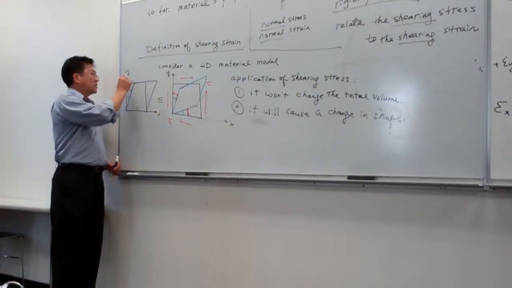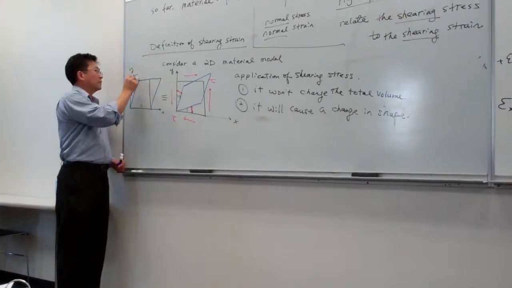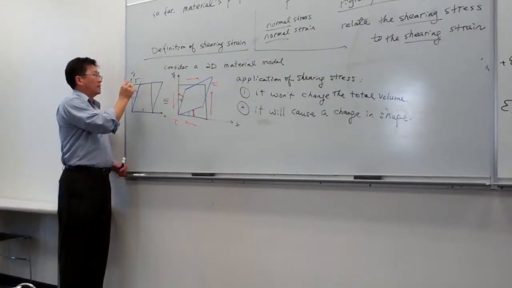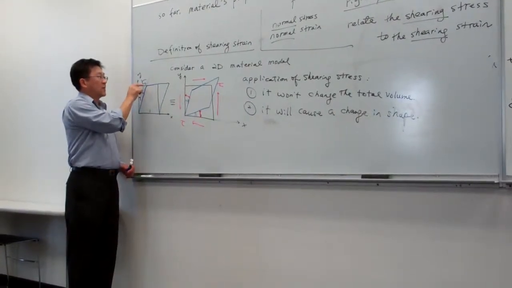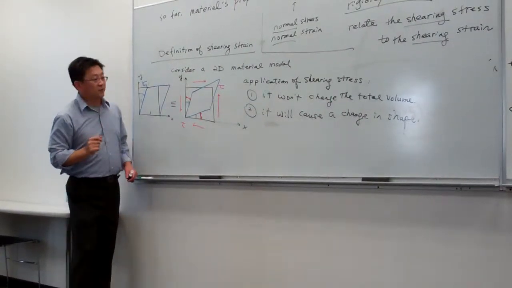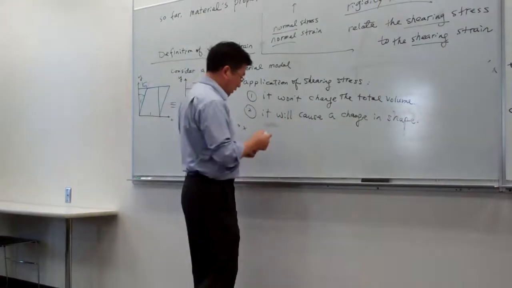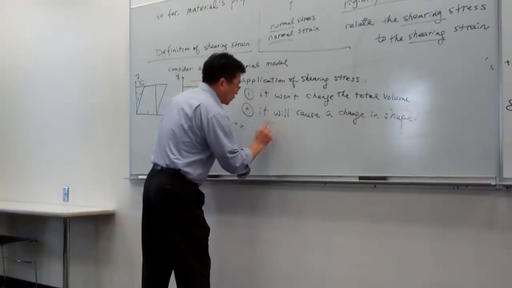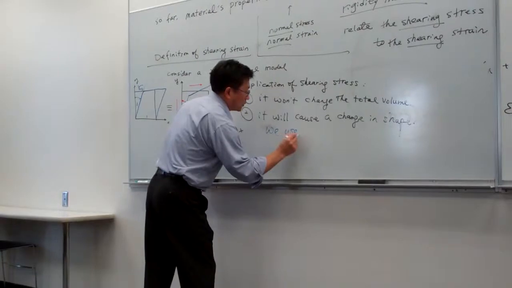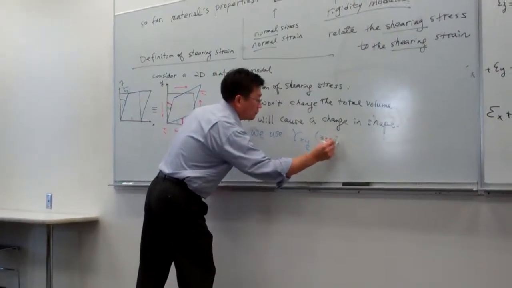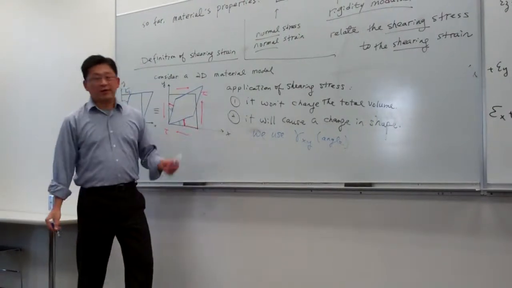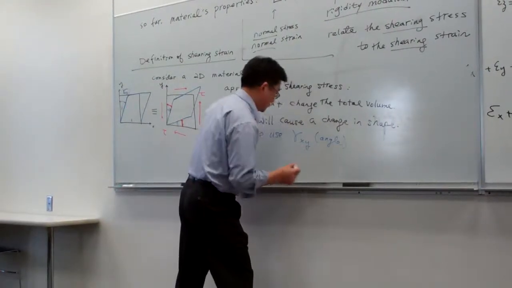And we define this angle as gamma, in particular gamma in the xy plane. So I use gamma xy. So here we cause the change in the shape, and we use gamma xy, which is the angle, to measure the change.